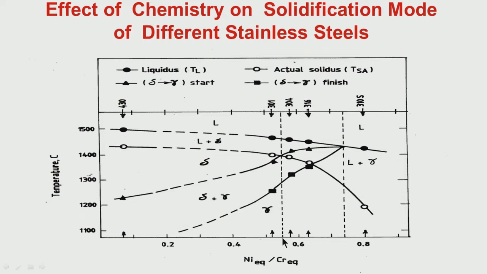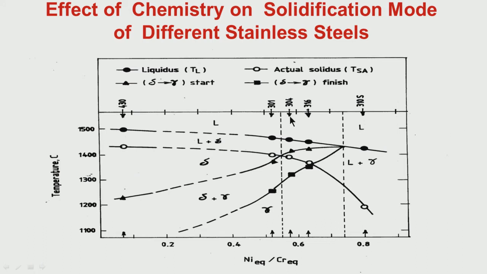In between 0.55 and 0.75, this range indicates delta plus gamma, and beyond this, gamma. So, like iron carbon, this portion is only delta solidification; this portion, with very high nickel equivalent by chromium equivalent, is only gamma; in between is delta plus gamma.